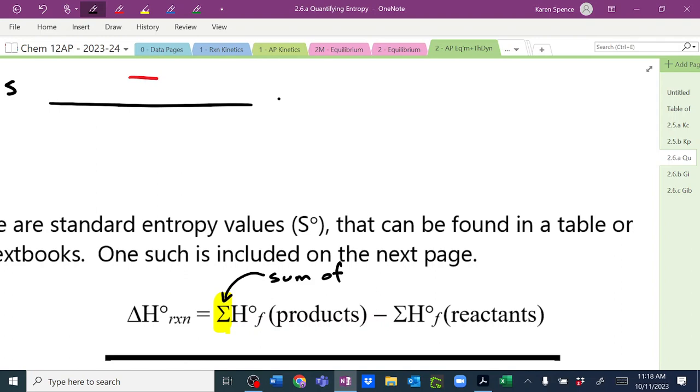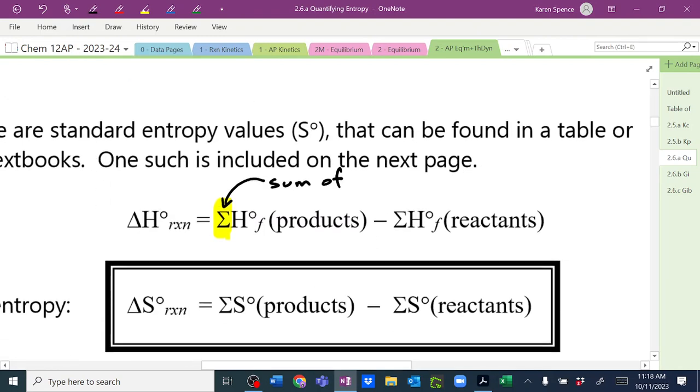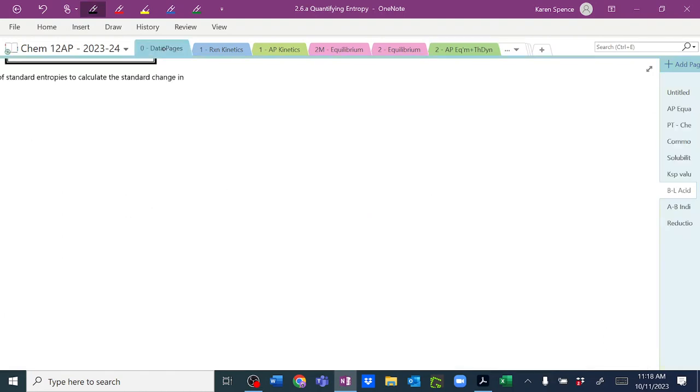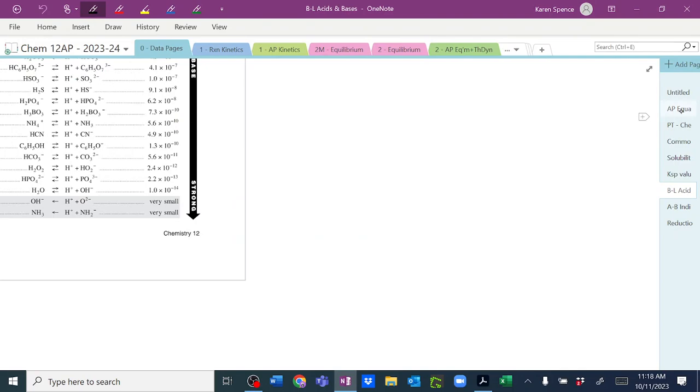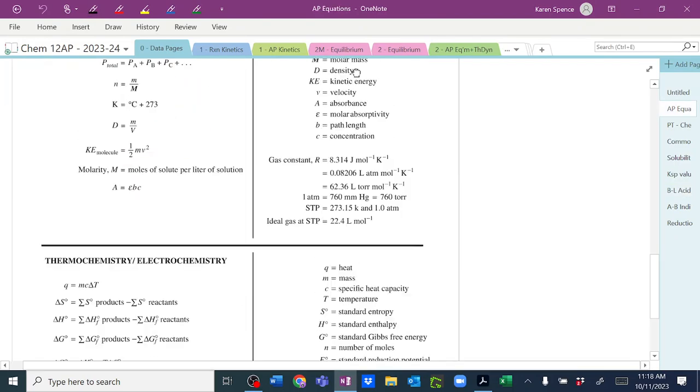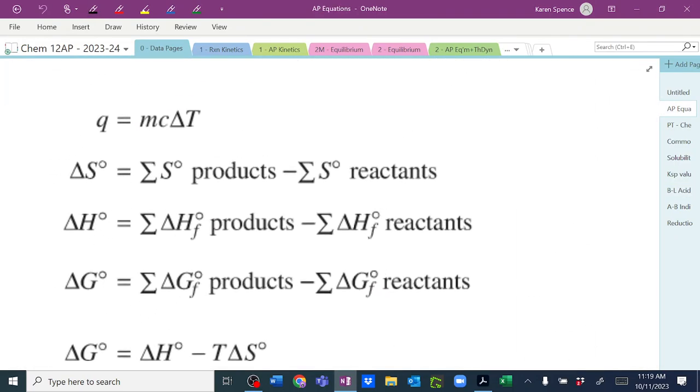And it's going to be the same for delta S. Look, same formula. And guess what? This formula I think is also in your data table. Let's take a look. Yep. You don't even need to remember it. It's in the data table. Okay? Isn't that nice?